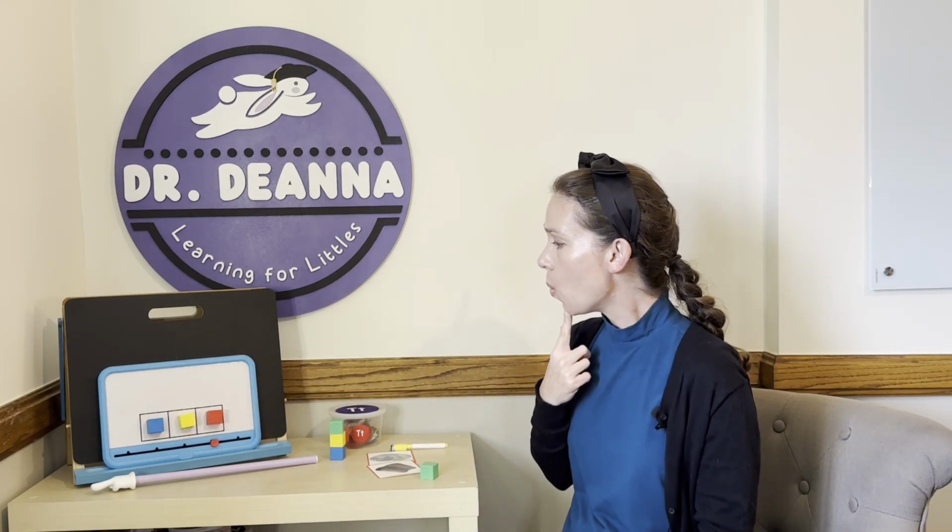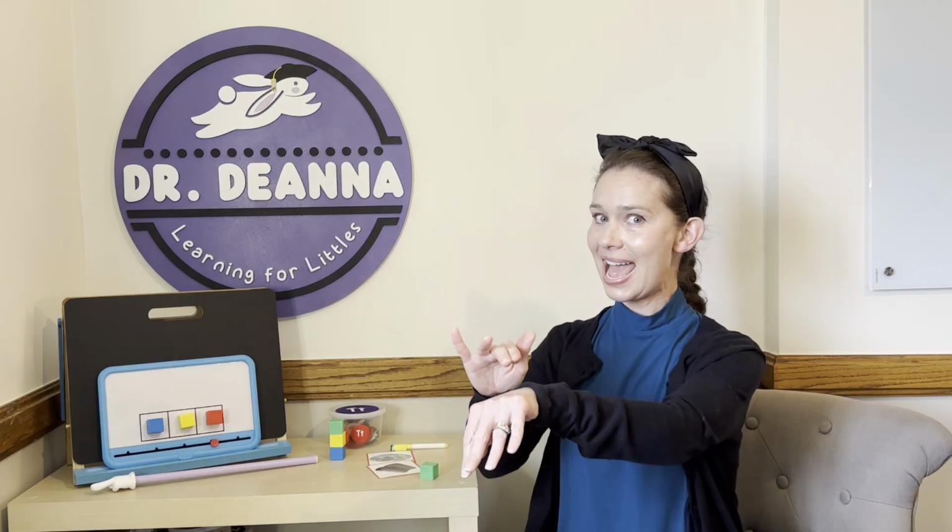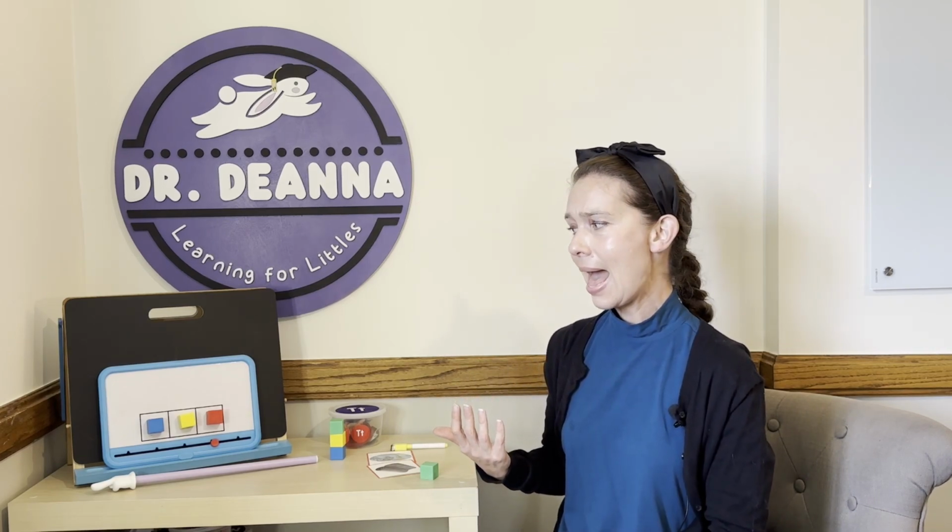All right. What if I want to make this word map? Wait a minute. Did you know you can change a sound at the end of a word and make a whole new word? You can. So we're going to do just that. I'm going to listen to my word, map.